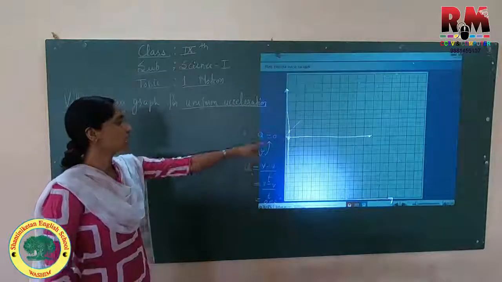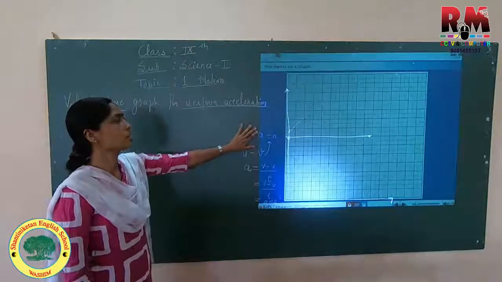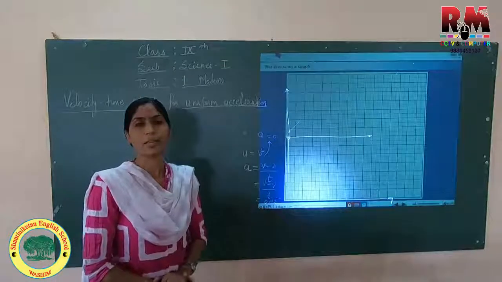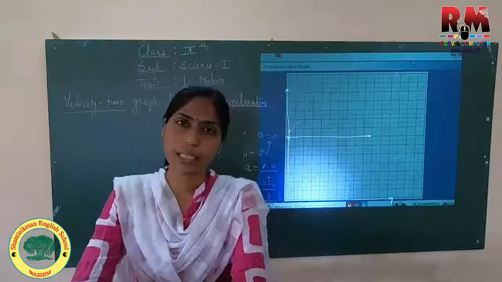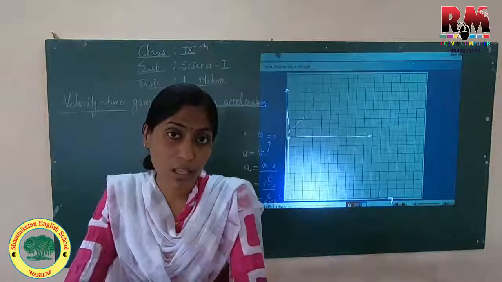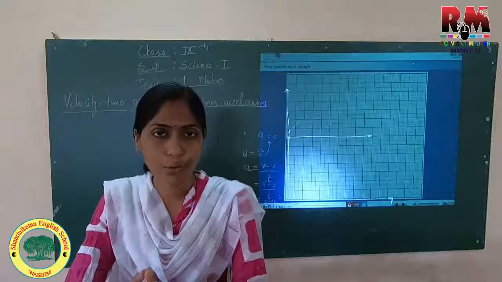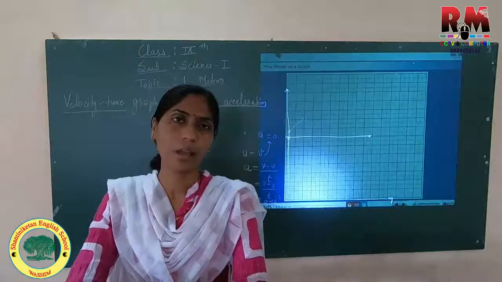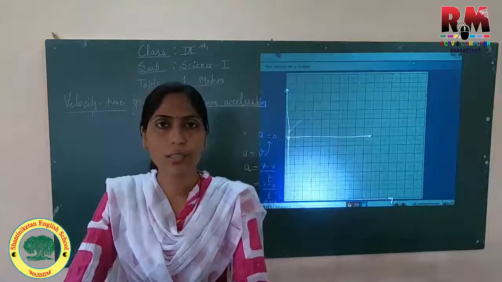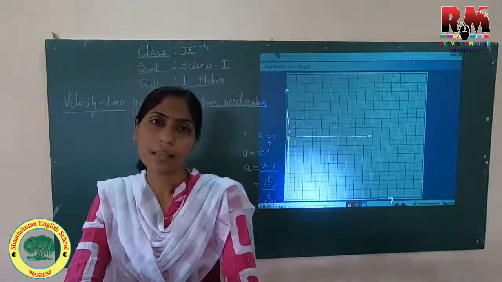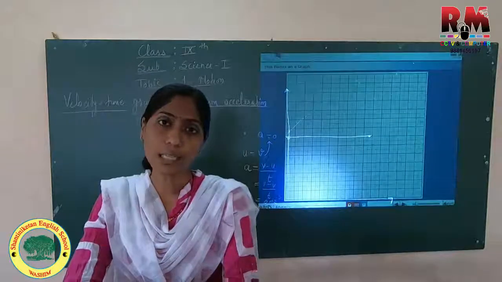Understood? So that's why in the previous graph acceleration is coming 0, means whenever we are having uniform velocity, acceleration will be 0. I am repeating, whenever we have uniform velocity or constant velocity or same velocity throughout, then the acceleration will come to 0.